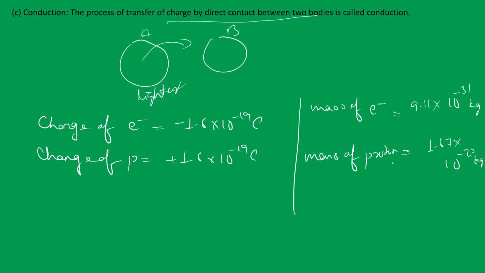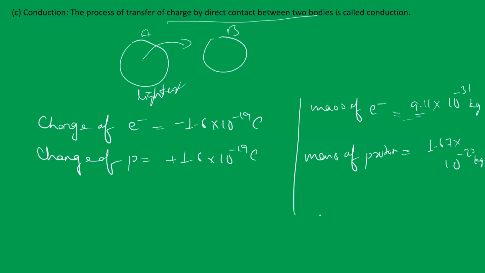Always remember, proton has more mass than electron. Don't get confused that this is 9 and this is 1.67. You have to see the power of 10 also. Here it's minus 27, here it's minus 31. The larger negative power means the value is divided more, and this value will obviously reduce. So this is one important thing that you need to remember.